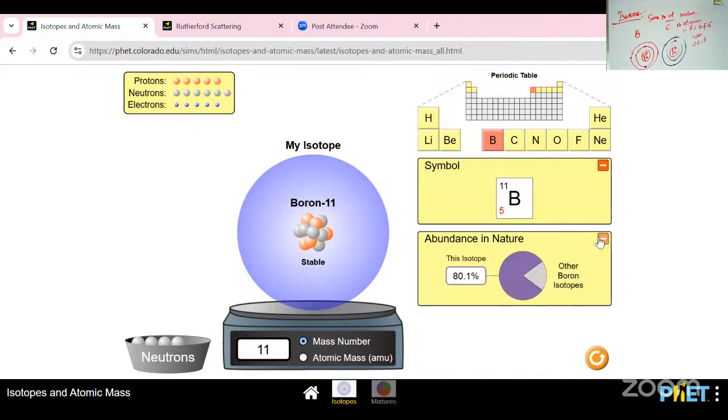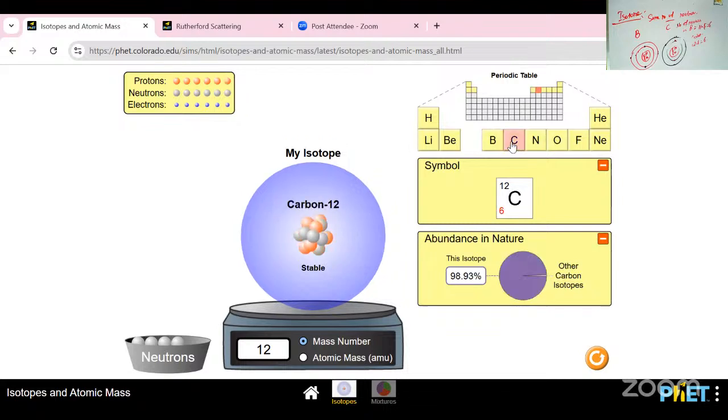The abundance of the boron 11 isotope is 80.1 percent. Here I want to add one neutron. Boron 12 is an unstable isotope. The abundance is 0, and the mass number also increases because the neutron level is increased.